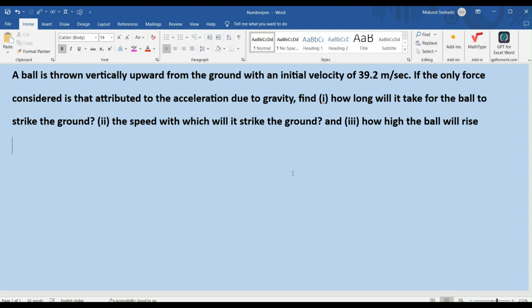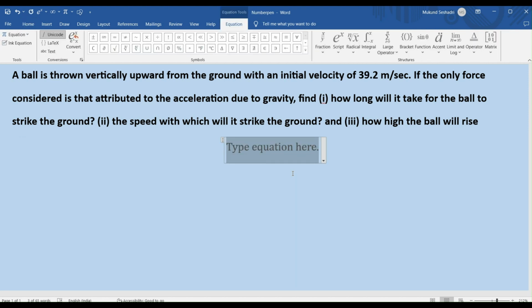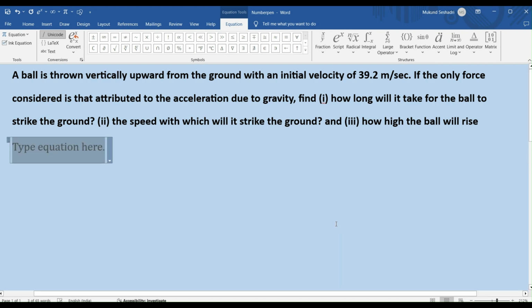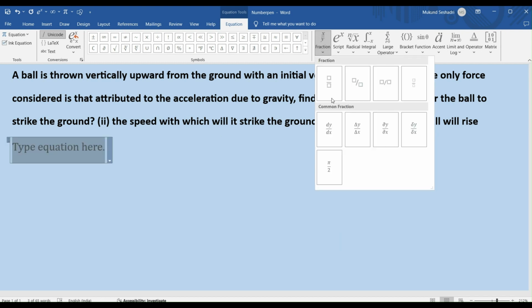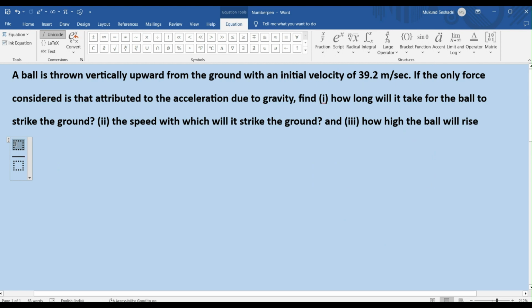So while the ball has an initial velocity of 39.2 meters per second, I know that my ball is going to lose its velocity at a particular rate. And what do we call that? I can call it negative acceleration due to gravity, right? I'm going to call it that way. Why is that? Because we have a force acting in the opposite direction.